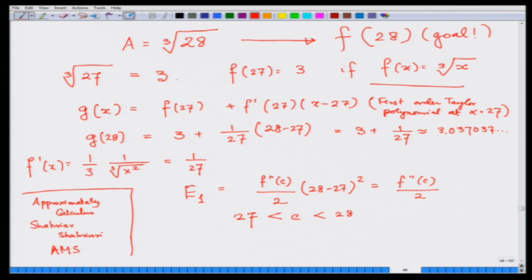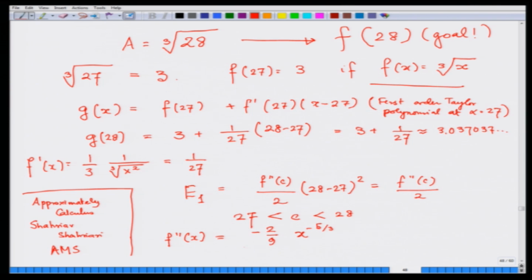For example, f double dash x in this case is minus 2 by 9 x to the power minus 5 by 3. So, for any x which is lying between 28 and 27, this value would become negative. So, that is a very important conclusion.